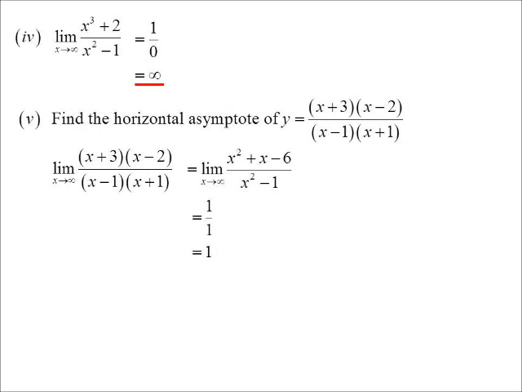So you'd still have to do that type of one with a polynomial division. But so long as the power on the bottom is the biggest one, then limits will work to find a horizontal asymptote. There it is, y equals 1.